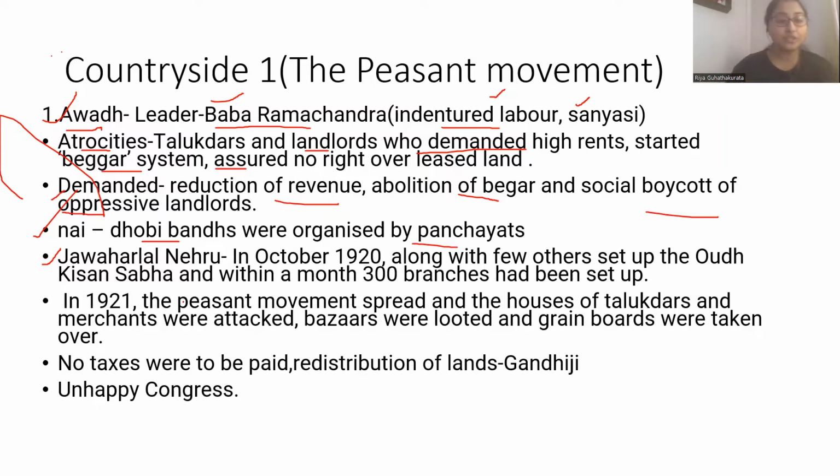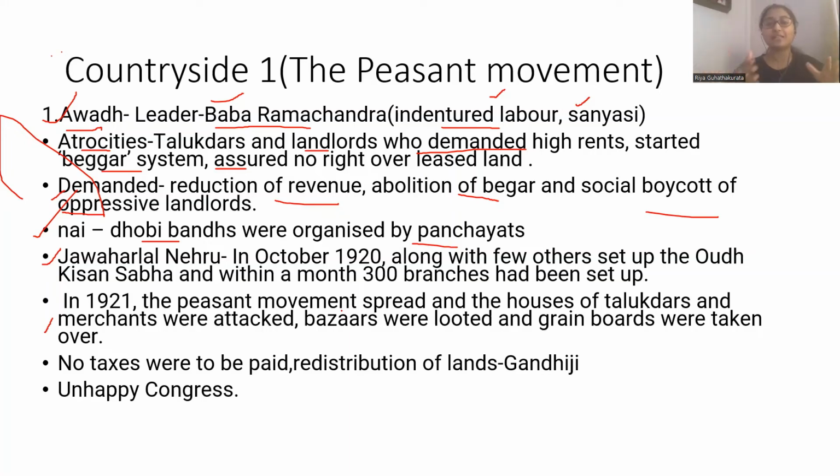Let us move on to the next feature: the peasant movement not only demanded and boycotted oppressive landlords, it also went to the violent side. They started reaching the houses of talukdars and merchants and attacked them, the bazaars were looted, and the grain houses, where grains used to be stored, were taken over.